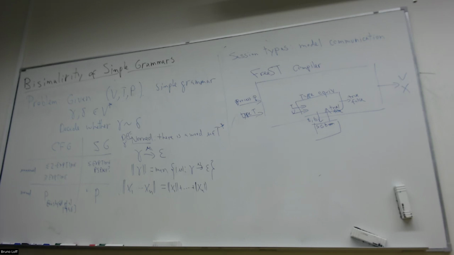And now I want to give you some ideas about how to prove this. And how do you actually know? What are the ideas that people have thought of when trying to determine whether words are bisimilar or non-bisimilar?